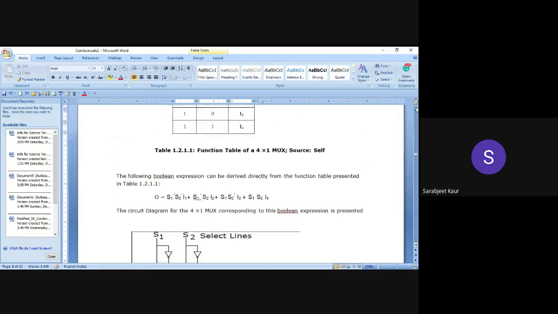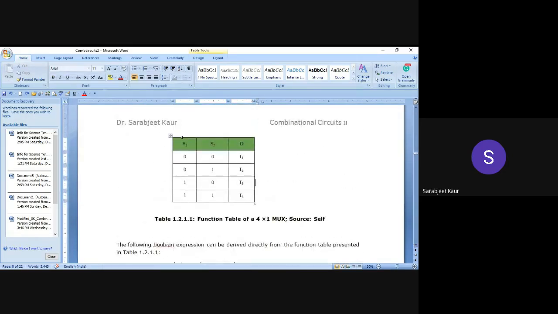Beta, see, I don't think what you are asking is what you want to ask. Correct me if I'm wrong. What you want to ask is, can we interchange these? That means can I put I3 here and I1 here?